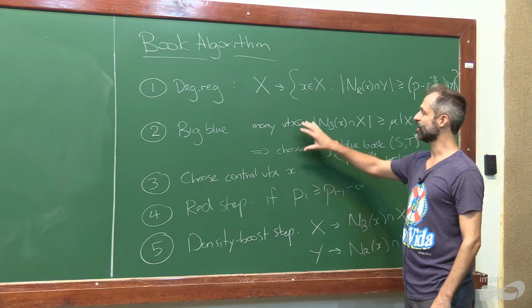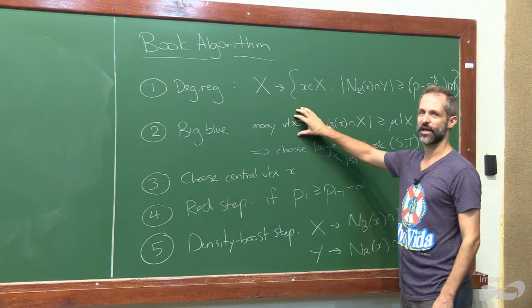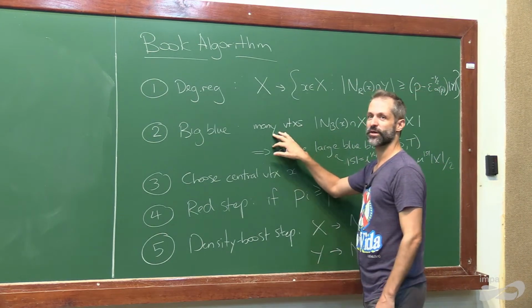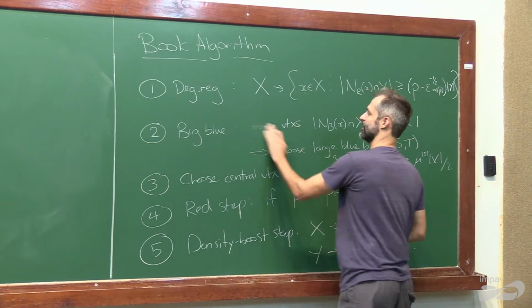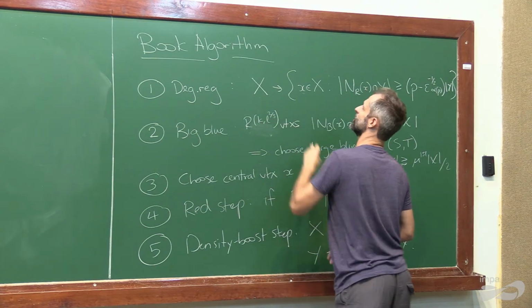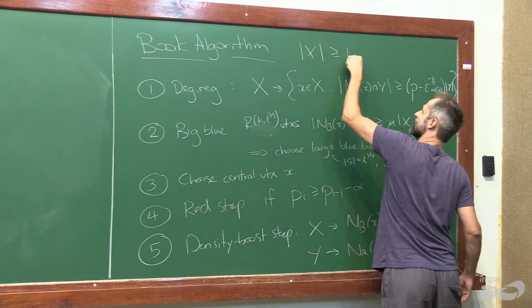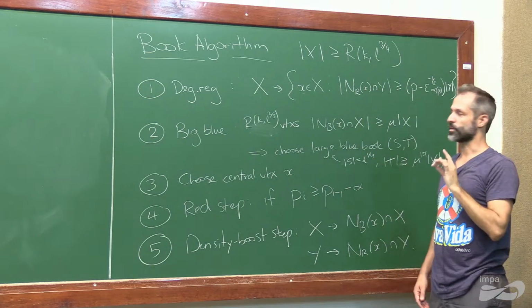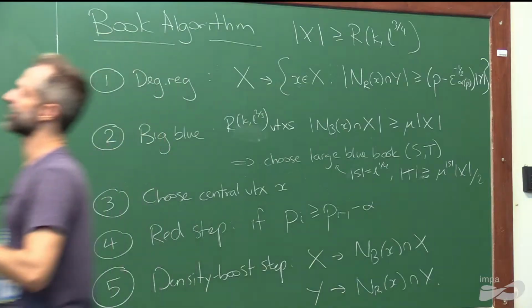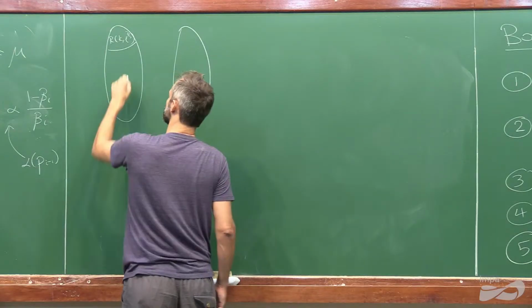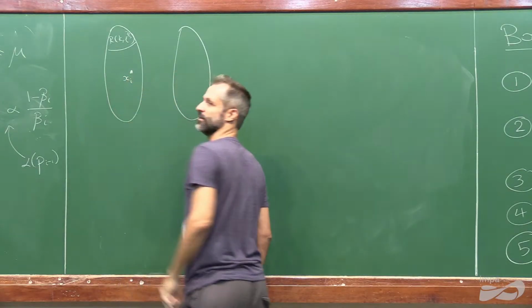We chose it to be not one of these big blue sets, not one of these vertices of high degree in blue, of which there were Ramsey k L to the 2/3. We know that the size of X is always at least Ramsey k L to the 3/4, otherwise we would stop. So there's some little tiny corner here, of size Ramsey k L to the 2/3, that we're not allowed to use. But anyone here is able to be our x_i.